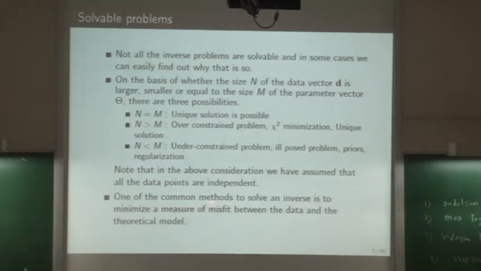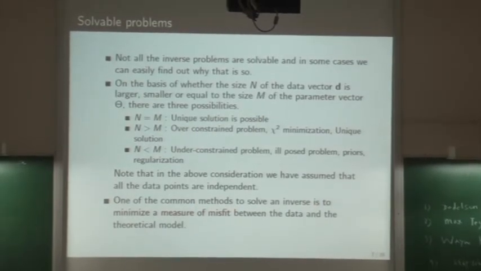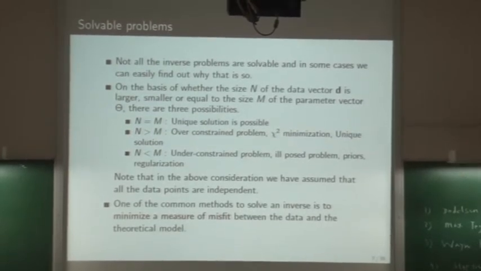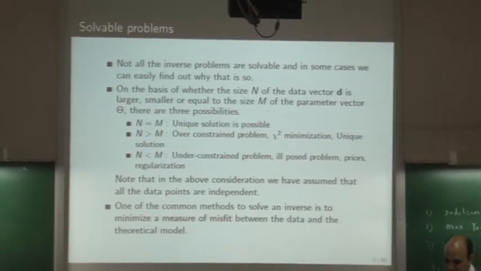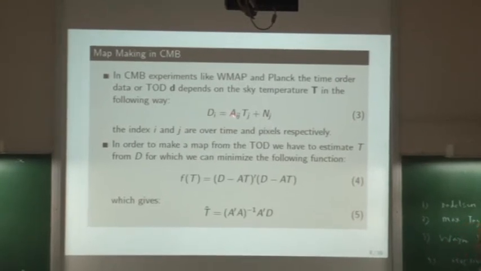One of the common methods to solve this inverse problem is to minimize a measure of misfit. This can be a chi-square minimization or anything else; you can minimize any other misfit also. So this is how it goes, at least for a linear model.